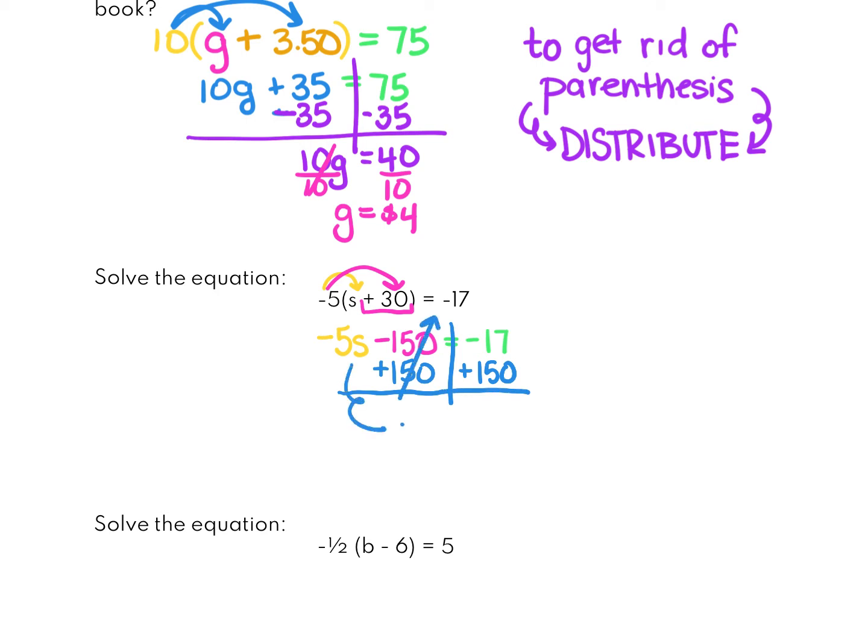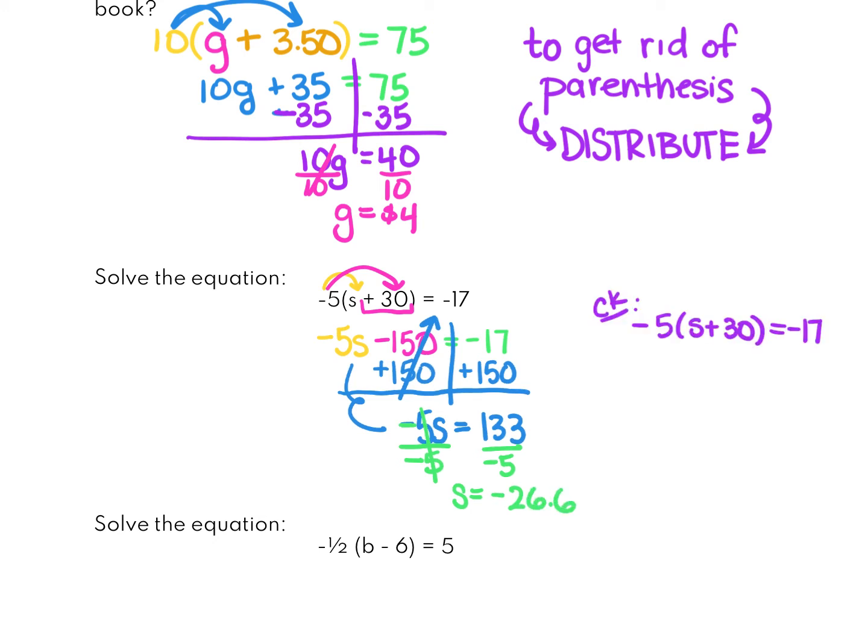We're left with -5s on the left and 133 on the right. From here, I'm going to divide. Make sure you keep track of this -5. Divide by -5 on both sides, and we get s is equal to -26.6.